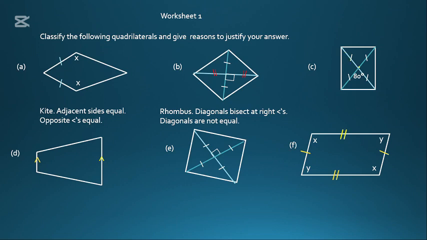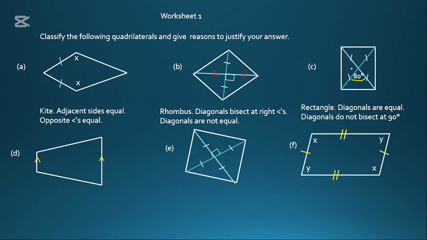Because of this angle over here, 80 degrees. In a square, the two diagonals bisect at 90 degrees. So this is a rectangle. Diagonals are equal and the diagonals do not bisect at 90 degrees.